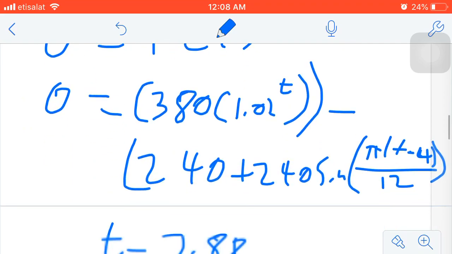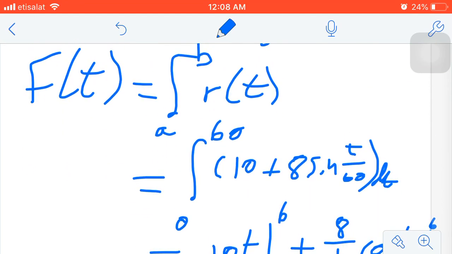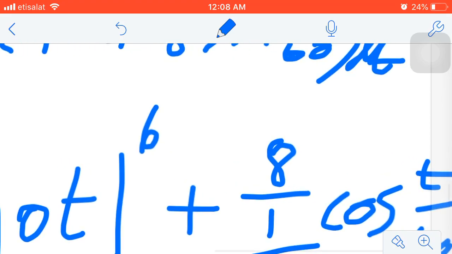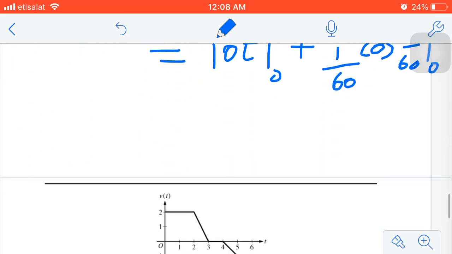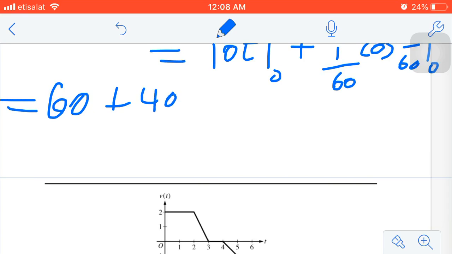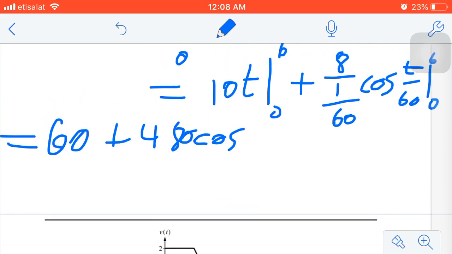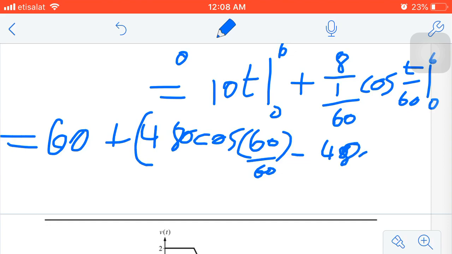from 0 to 60. And if we solve that, it will be 10 times 60 plus 480 cosine 60 over 60, that's cosine 1, minus 480 multiplied by cosine 0 over 60.